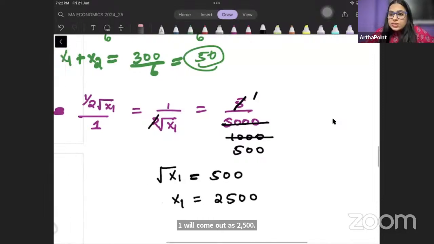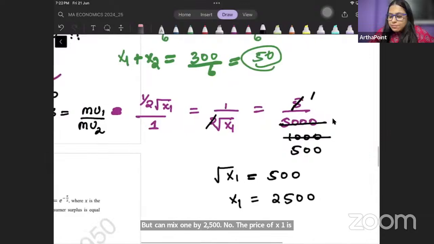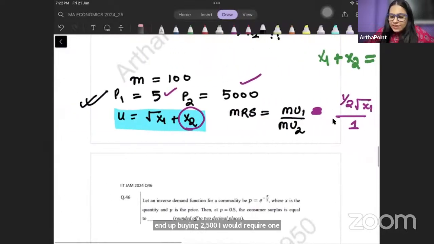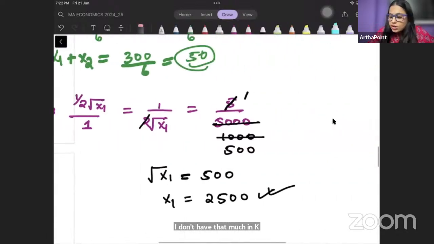No. The price of x1 is 5 rupees. If I end up buying 2,500 units, I would require 12,500. I don't have that much income. My income is just 100. So I cannot afford 2,500 units of x1.